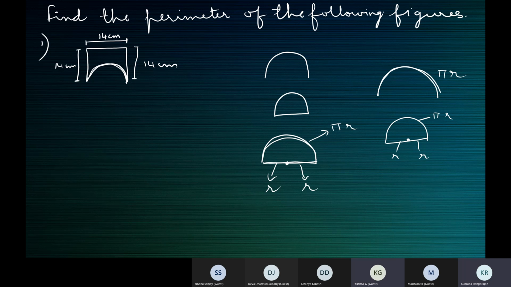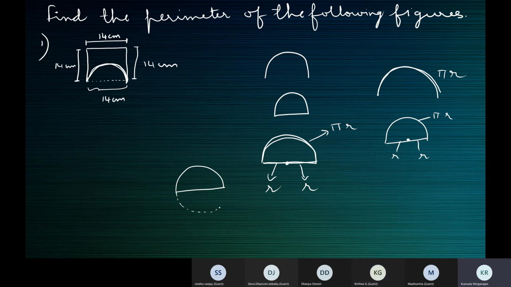Now let me connect it like this with dotted lines. This full thing is 14, correct? Now, is the line segment attached to the semicircle the radius or diameter? Let me complete the circle.